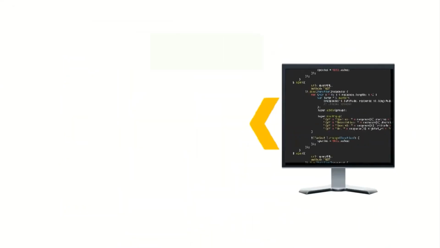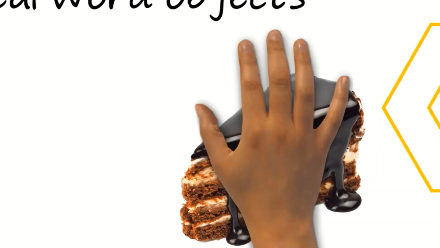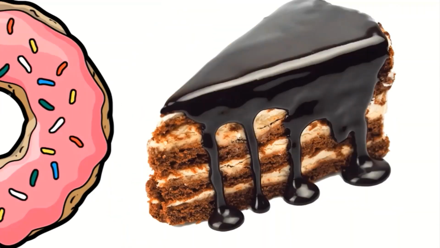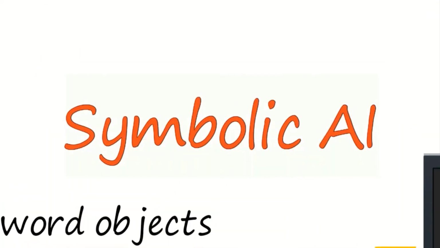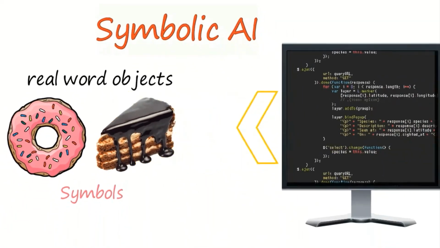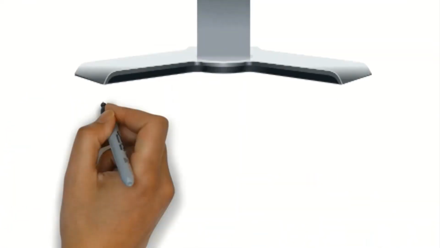The computer program represents real-world objects as symbols. That's where the term symbolic AI comes from. And it's how certain AI systems make decisions, generate plans, and appear to think.